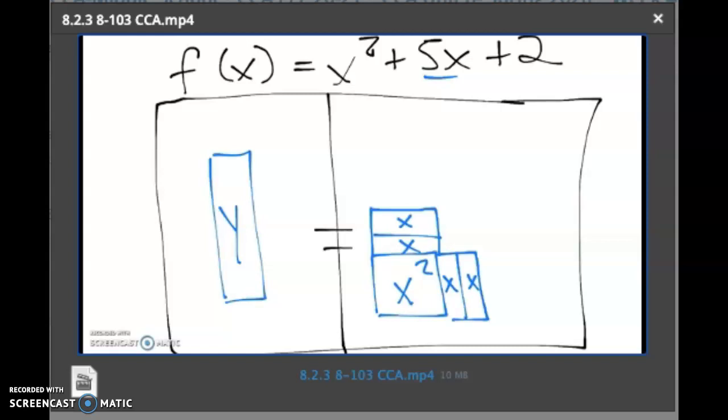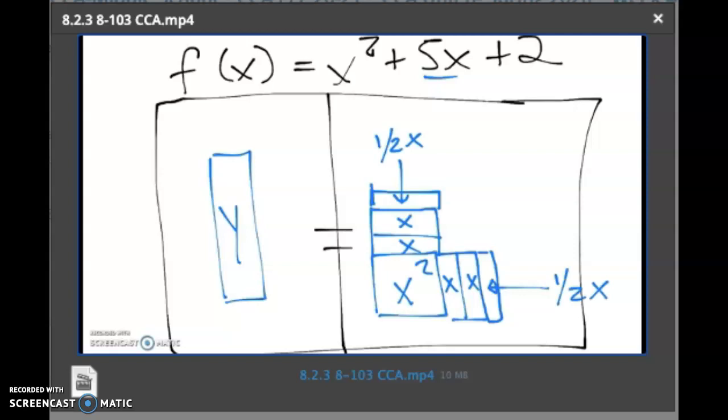So if I take an x and I break it in half, I get a half an x, so 0.5 x. Let's just draw an arrow that this is a half of an x. And I'm going to do the same thing over here. This is also a half of an x.